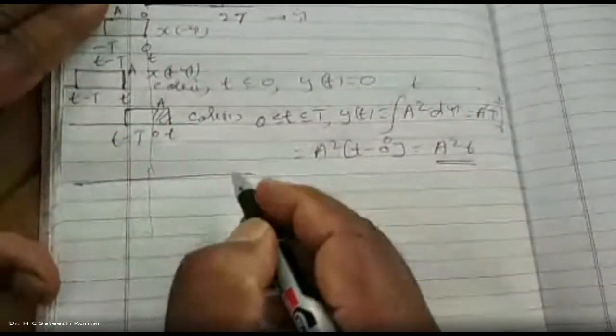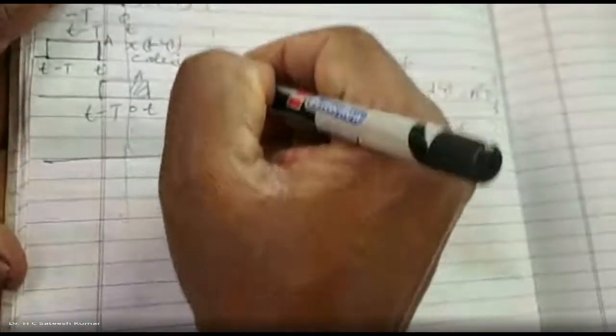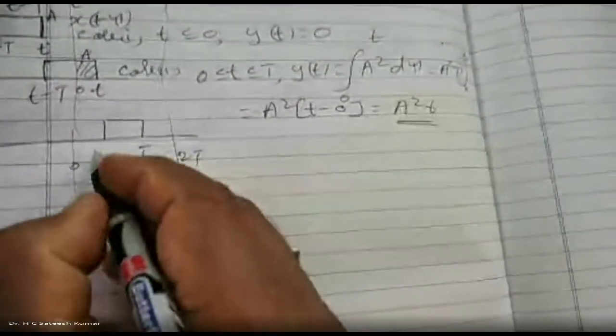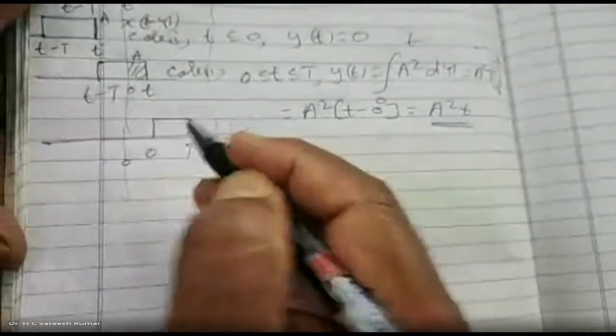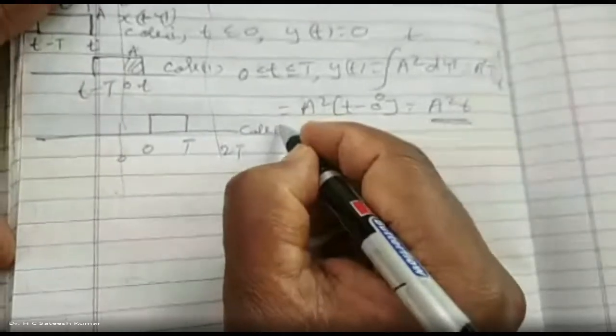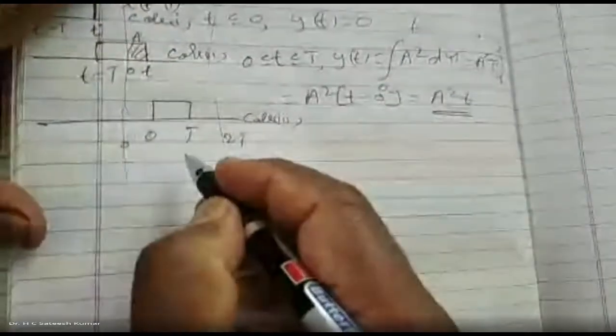Case 3, what will happen is, once it has reached T, it is completely overlapped. This is T, 2T, 0.